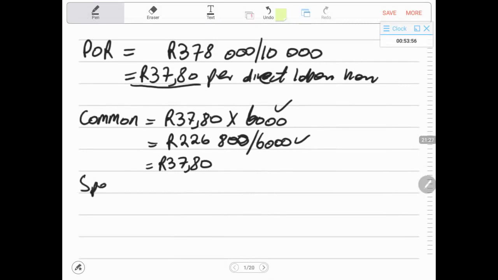Then I come now to product special. For product special, we are calculating the overhead, and the rate is 37 rand 80 cents. Then we multiply this by 2 hours, because this is the rate per labor hour. And the question is, how many direct labor hours does it take to complete 1 unit of product special?